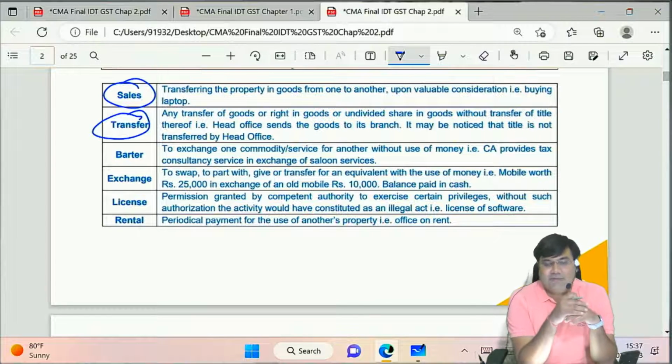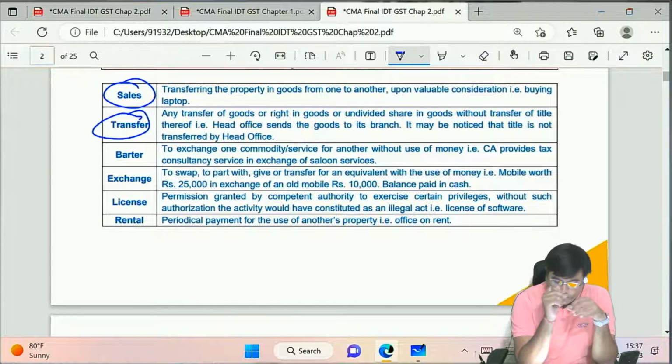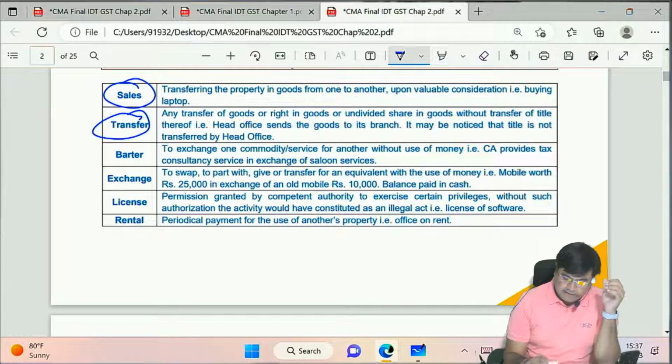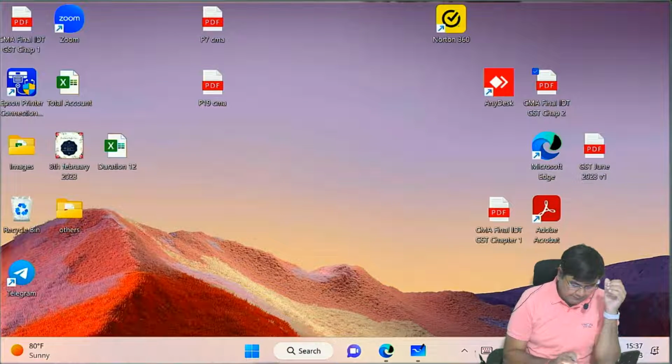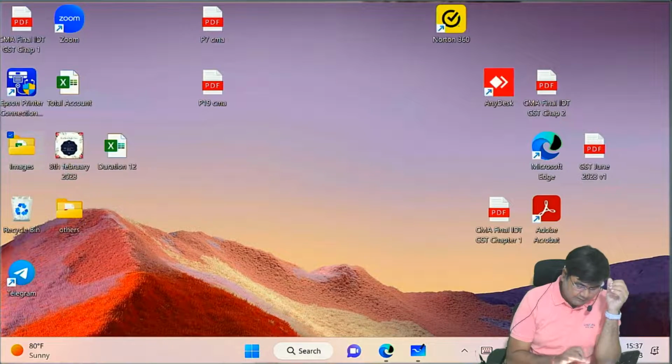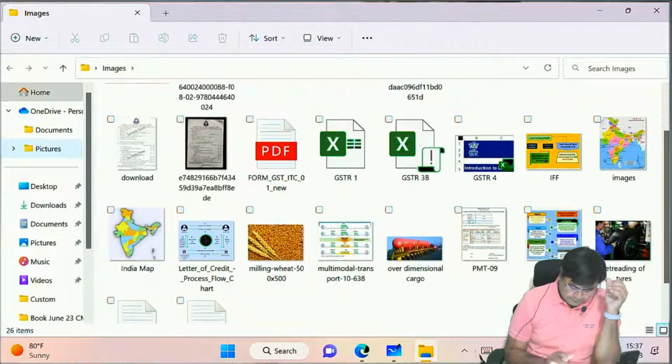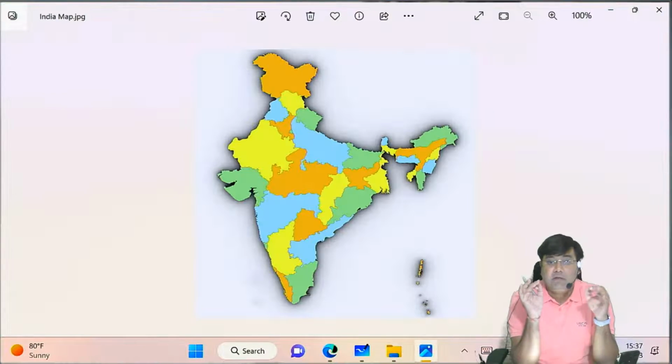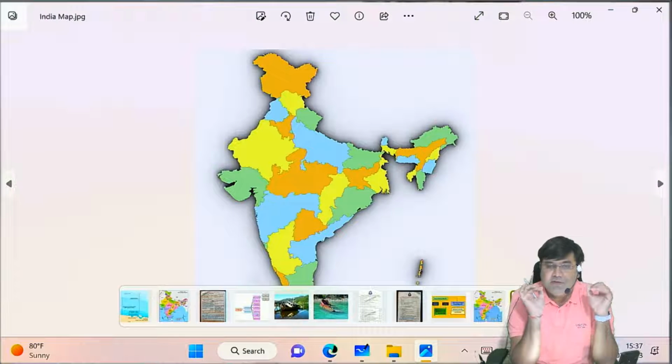Transfer. Now transfer they have also used. Now what is transfer? So if you recollect, in the previous chapter I explained one term. What was that term? Distinct person. Distinct person, this we discussed, and I said to you people that in GST a fiction has been created.